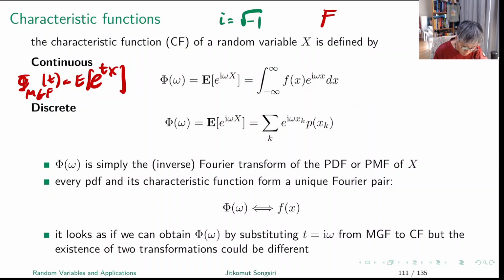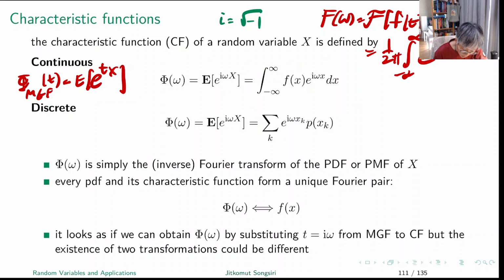So recall the Fourier transform of a signal in the time domain, that is, the integral of e to the minus i omega t times f of t dt, right?